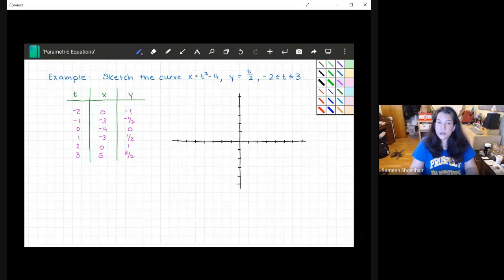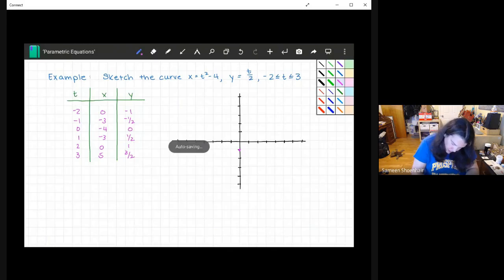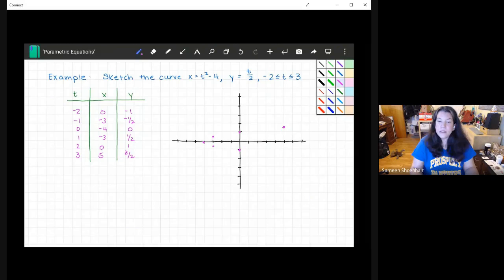And then you plot those points. So I plot 0, -1, then -3, -1/2, -4, 0, -3, 1/2, 0, 1, and finally 5, 3/2. So these represent points along the curve.